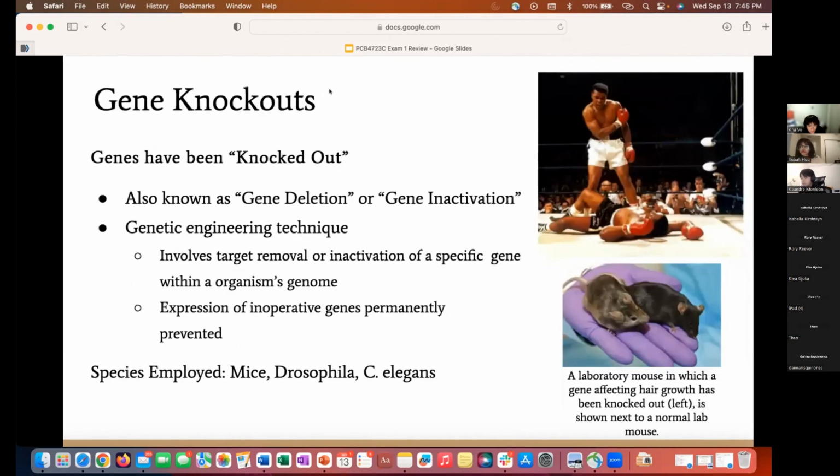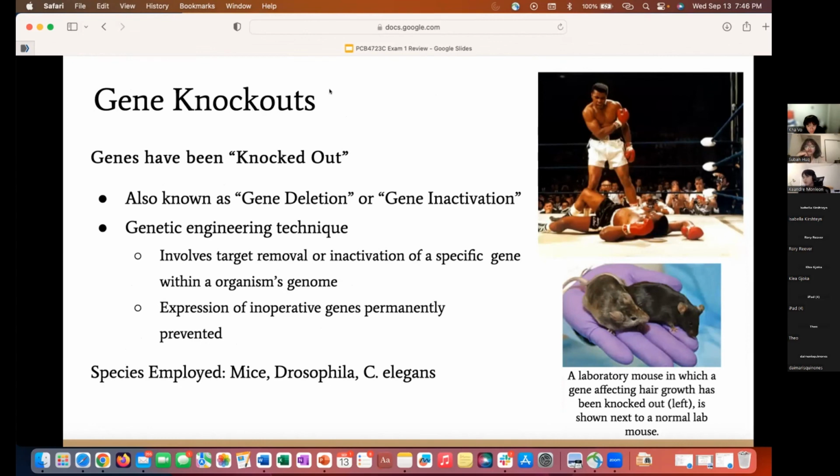Now I'm going to be talking about gene knockouts. Keyword knockout implies that it can't get back up. In terms of gene knockouts, you're going to be targeting a specific gene within an organism's genome, and you're going to remove it or inactivate it, right? You're just going to remove a whole section of the gene out of that genome.